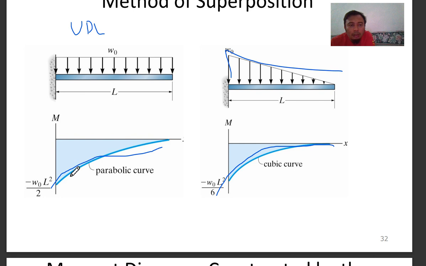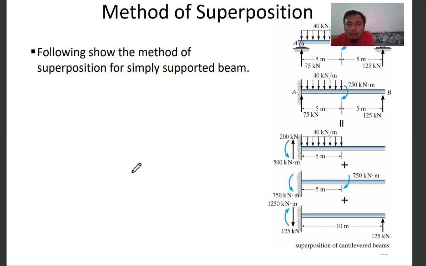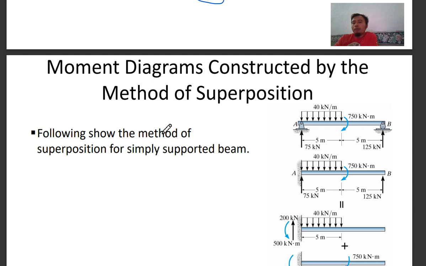The moment is reduced up until the end, as there's no load and no moment there. But the function is a bit different. It's a cubic curve because you have a different denominator because of the type of distributed loading applied.